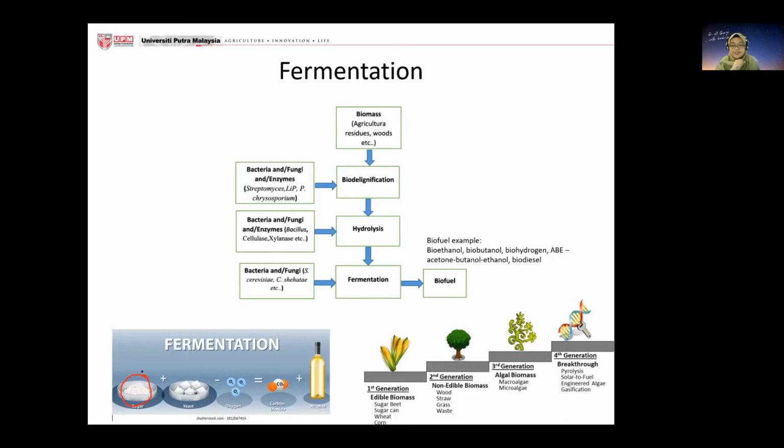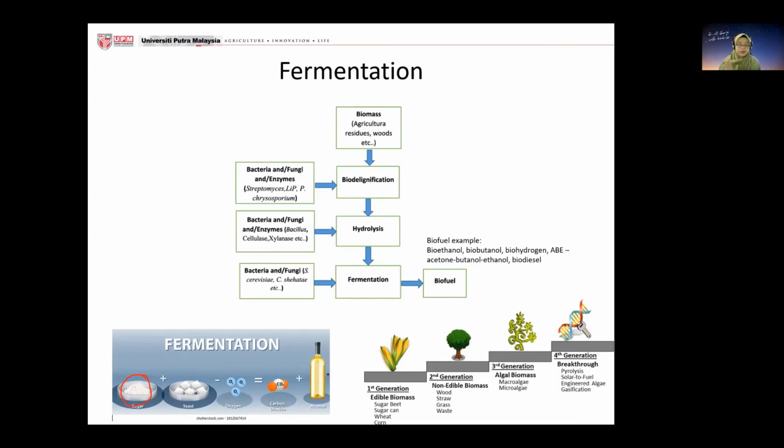So in this figure, it uses yeast, but it can also be other types of microbes as well, such as bacteria. You can use algae, right? So fermentation is conducted in the absence of oxygen, where you will be able to produce carbon dioxide and also alcohol.